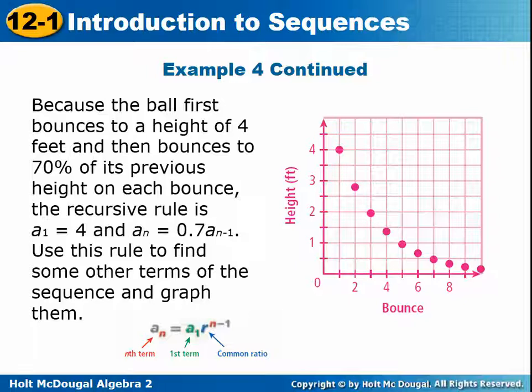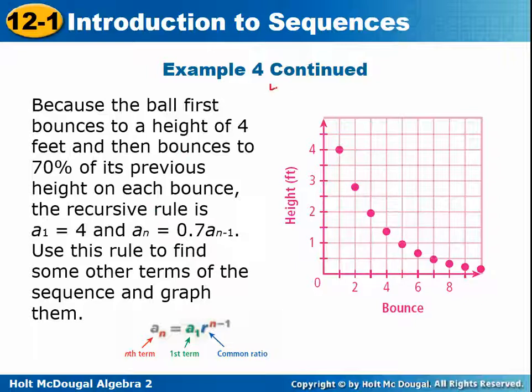So here it is graphed. We start at 4 feet. And then I take 70% of 4 and I get 2.8. And then I take 70% of that and I get 1.12, and so on. And then we have to figure out if this is, let's make a little table here.